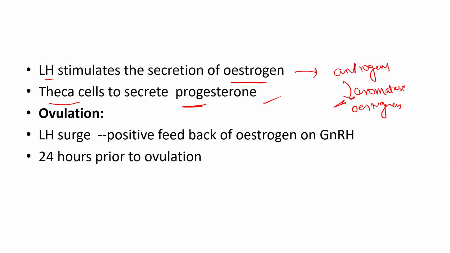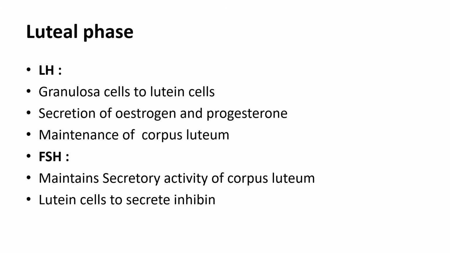While in the luteal phase, these cells produce progesterone and paradoxically it inhibits this aromatase. So the LH surge occurs, and this positive feedback rise of LH is due to the rise in estrogen. So just prior to the ovulation there will be a rise of estrogen which causes the LH surge.